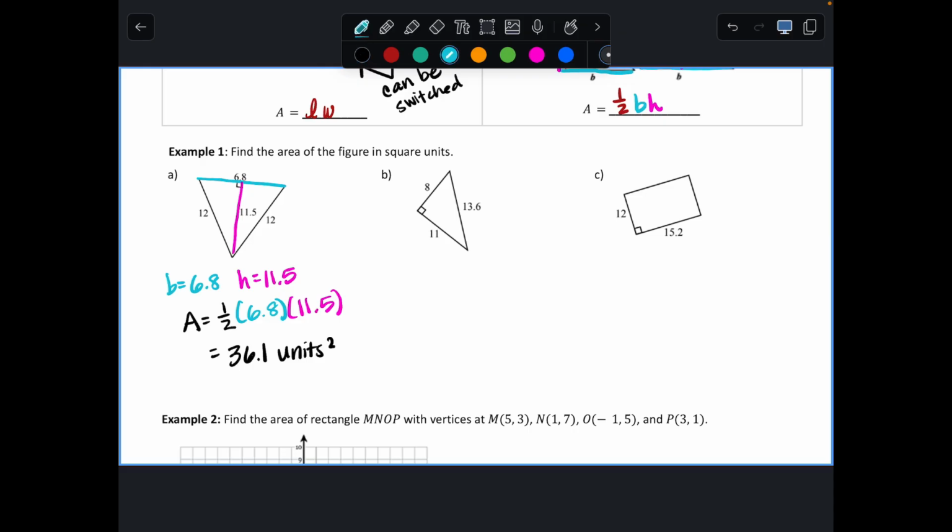B. In B, you could use either one for B or H. It doesn't matter. So I'll use 8 as the base and 11 as the height. Oops, I forgot the 1/2.